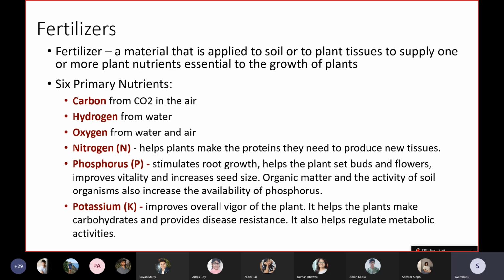So we all know NPK. NPK are the three important nutrients that often need to be supplied additionally. Those nutrients have to be supplied in the form of fertilizers.